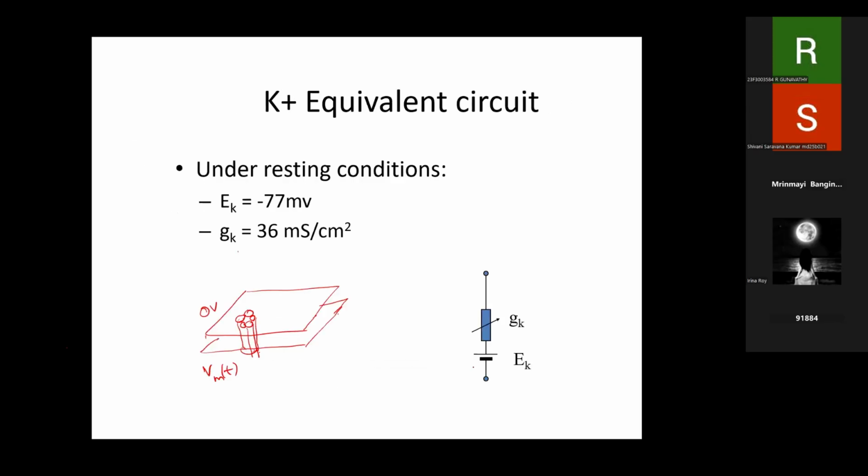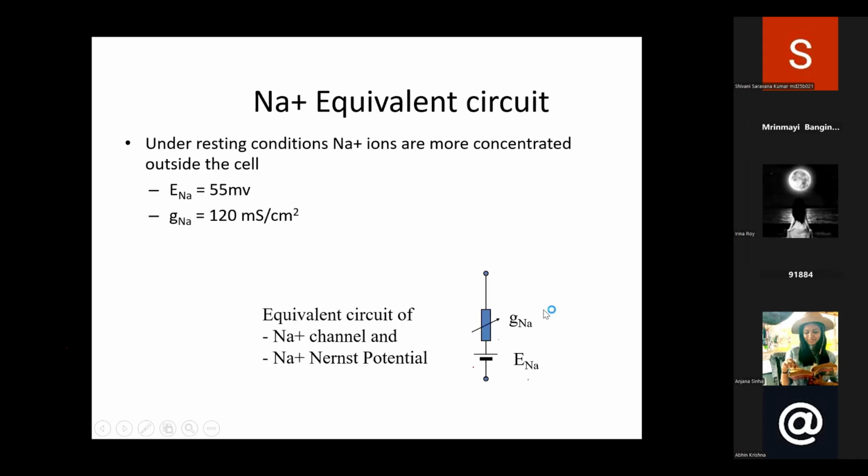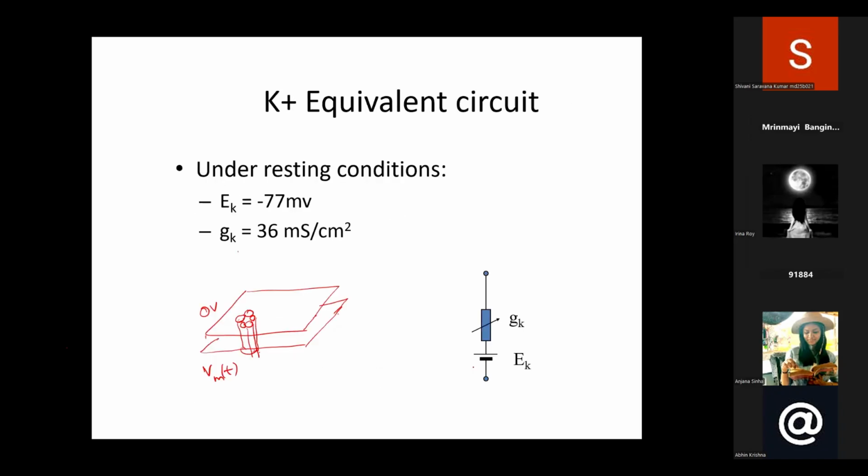Here also we've drawn an arrow across the conductance. It means this GK is not constant, it's a time varying quantity. This variation of conductance happens as a function of the membrane voltage itself.